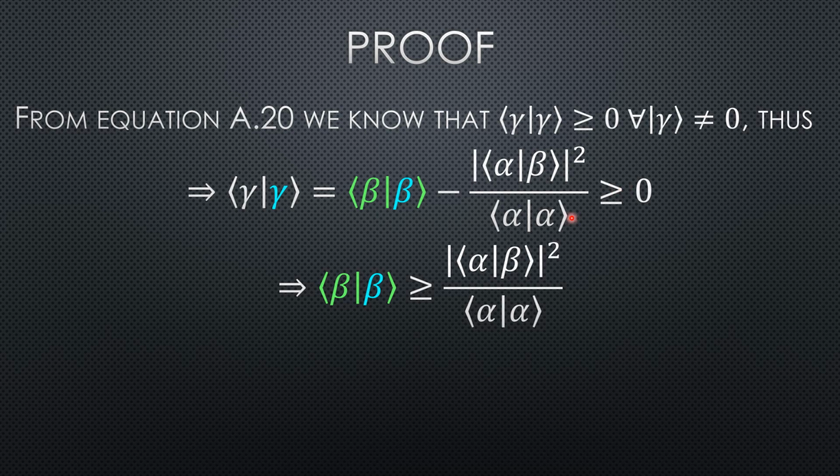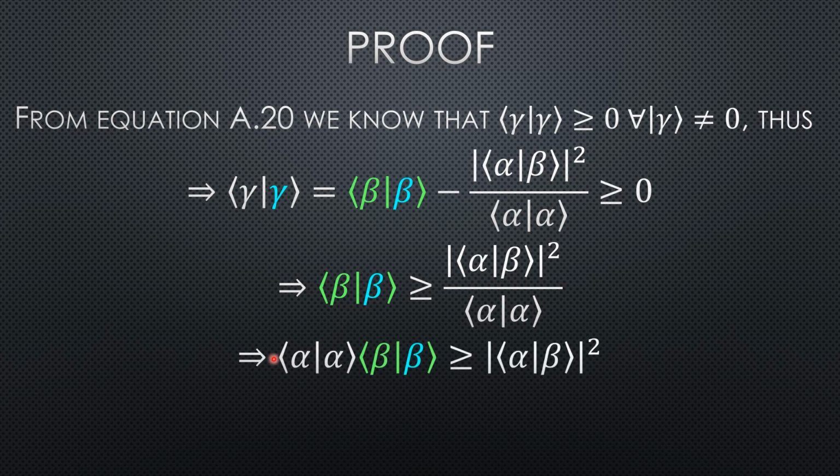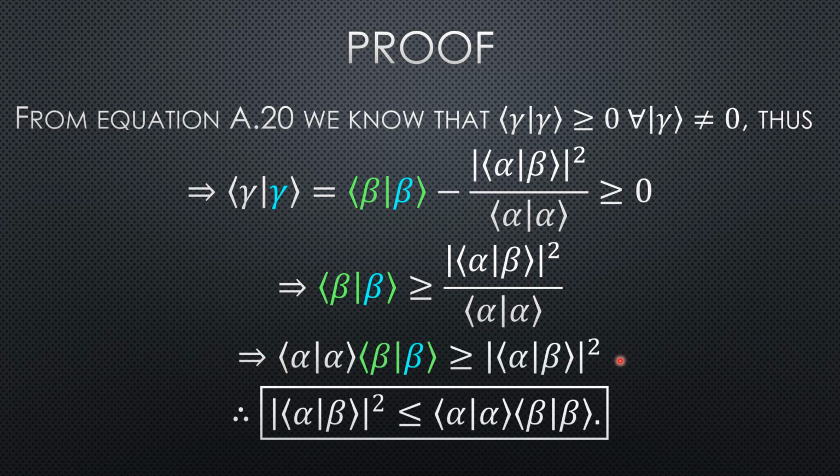From here, we just minus or add this thing over across the inequality. Now we can multiply this over, and upon multiplying it over, we get the desired result, or the Schwarz inequality, which once again states that the inner product alpha beta, which is the overlap of the two vectors, squared, is less than or equal to the length of alpha and the length of beta multiplied together.